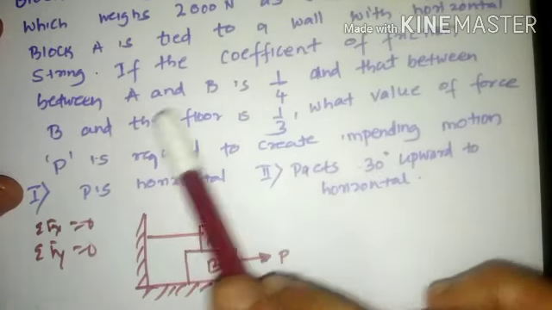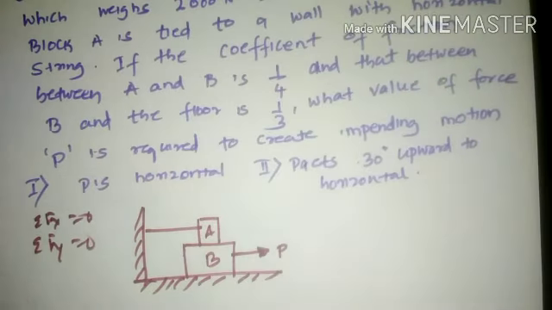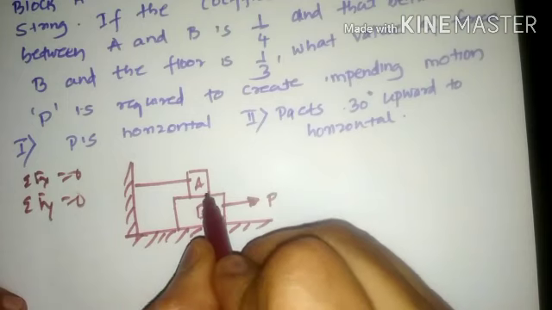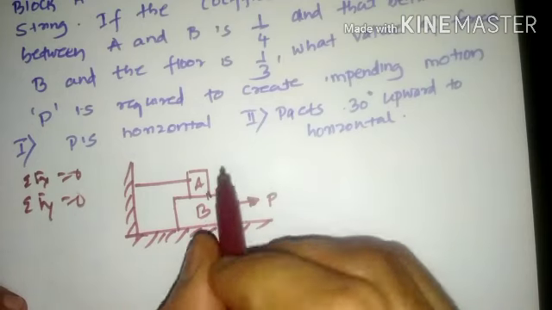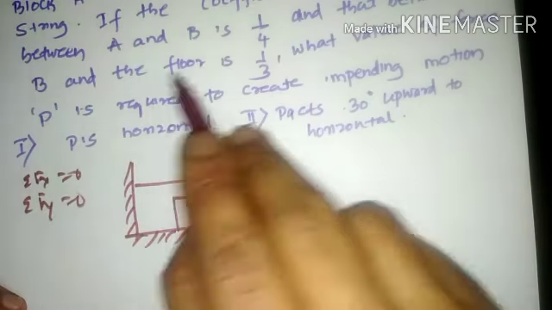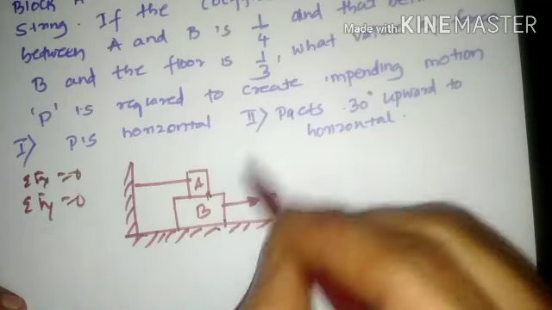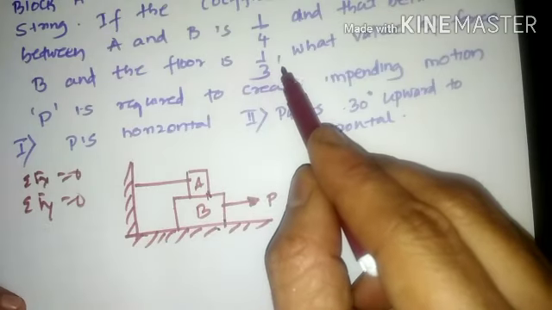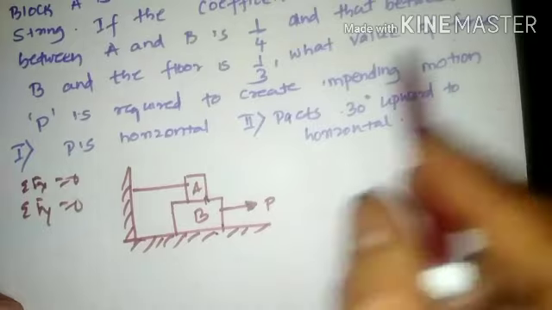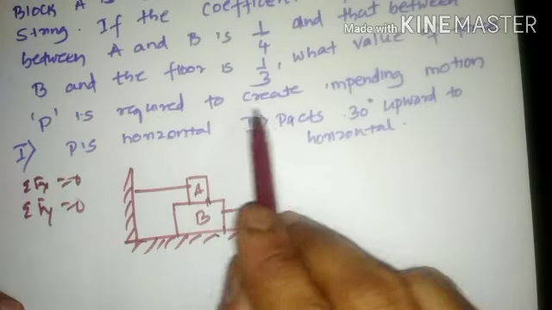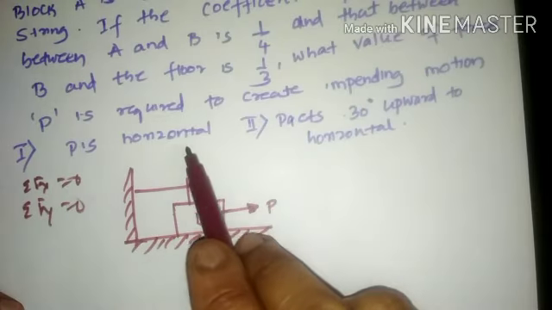If the coefficient of friction between A and B, that is between these two surfaces, is 1 by 4, and that between B and the floor is 1 by 3, what value of the force P is required to create impending motion when P is horizontal?